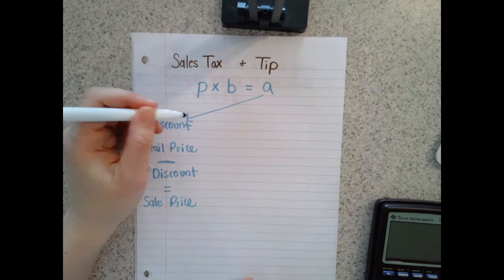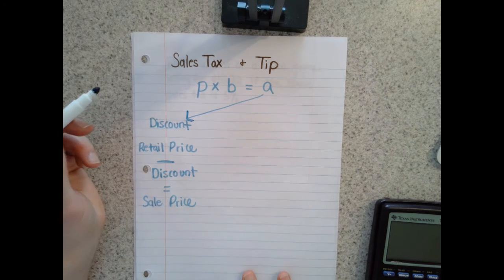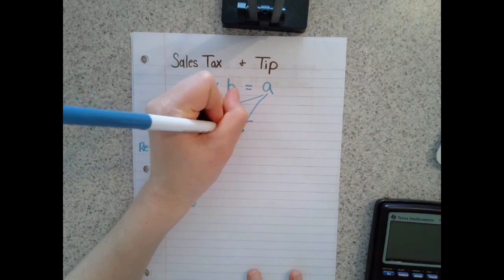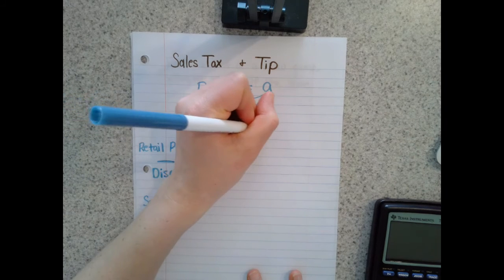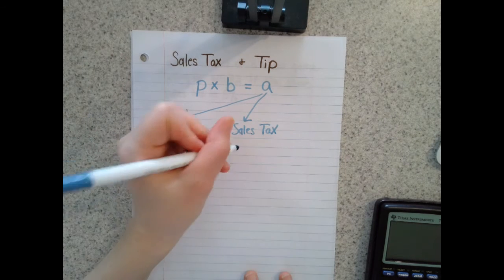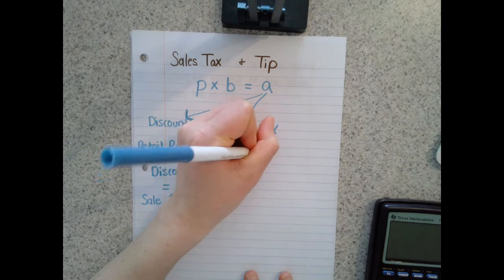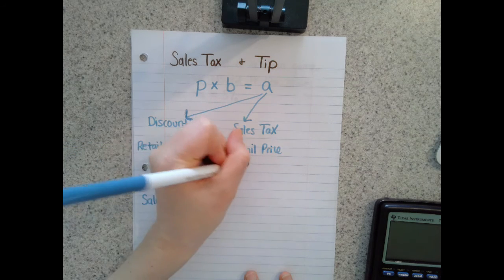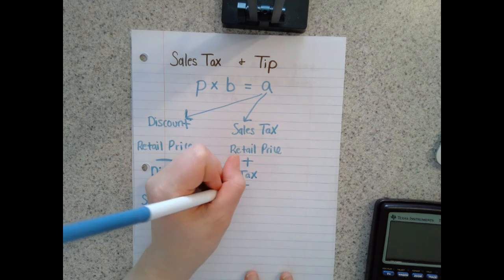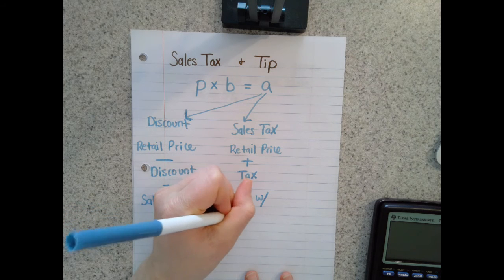The part can represent a variety of things. In today's types of problems you'll see, the part can represent the sales tax. You take the retail price plus the tax, and that equals the price with tax.